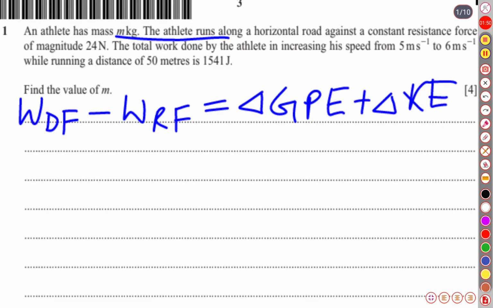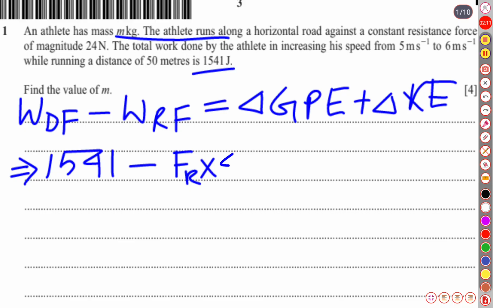Well, so let us write what is the work done by driving force. It's already given, it is 1541 joule, minus work done by resistance force, and we know work done by resistance force is the product of force into displacement. Force, that means resistance force, into displacement.